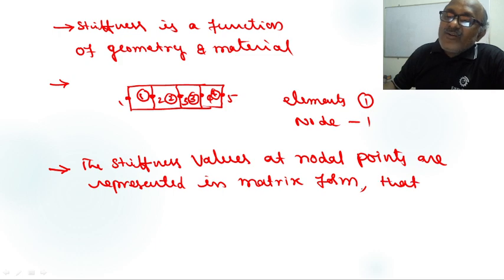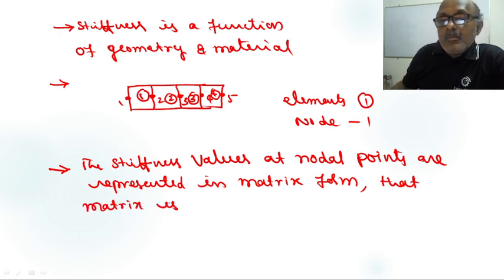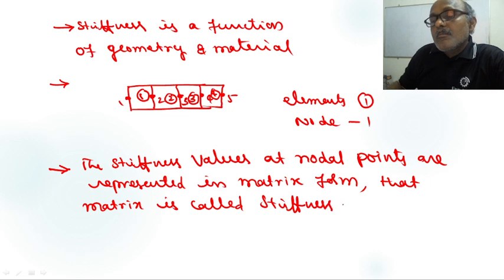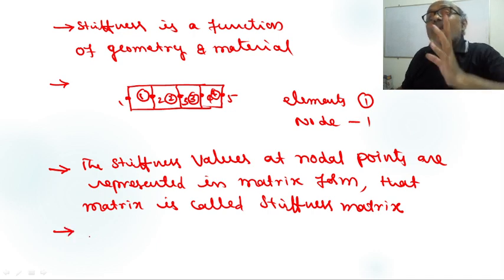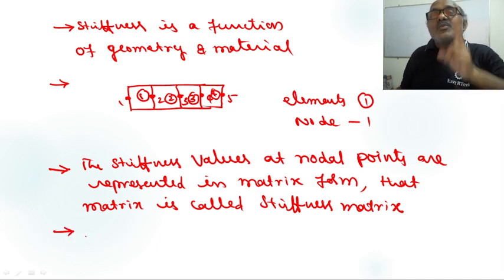That matrix is called the stiffness matrix. This stiffness matrix is a square matrix, 2 by 2, 3 by 3, 4 by 4, like that.